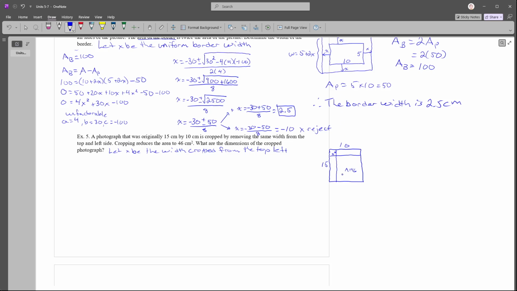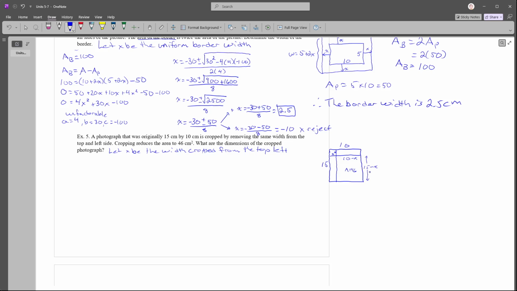So just like we did last time, we can determine our new dimensions relative to x in the original size. So if this original width was 10, that means this new width is 10 minus this side from the left. So this new dimension is 10 minus x. So what is the dimension on the length here? It's the same idea. It's 15, the full dimension, minus that little piece from the top. So this one is going to be 15 minus x, and this just goes up from here down to here.